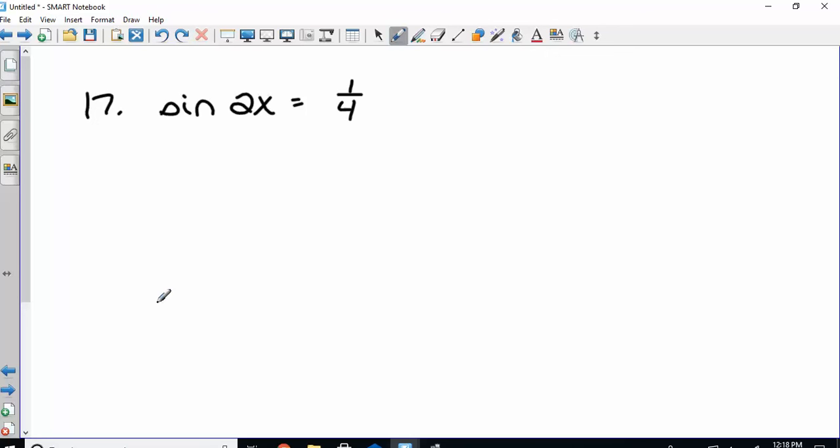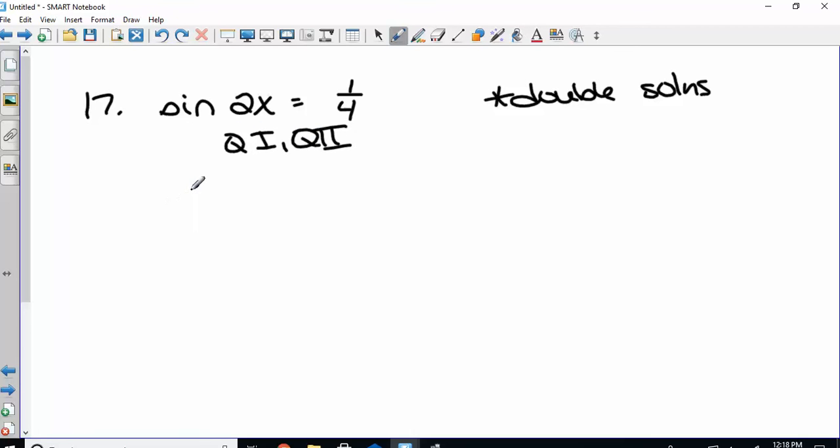Notice about this one, first of all? It's a 2x, which means we will have double solutions. Okay. When is sine positive? 1, 2. Do we know when sine is 1/4?